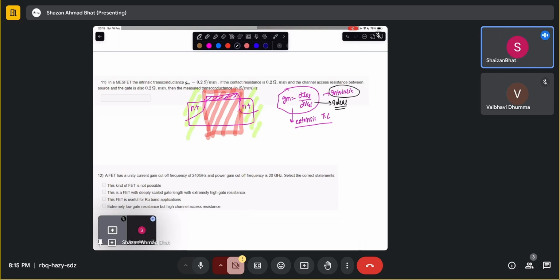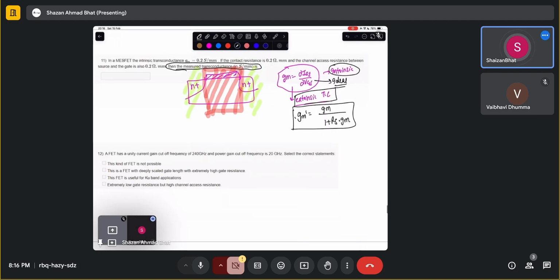But you know that other things like source resistances and capacitances, drain resistances, can come into picture and deviate from this. So that's why you have an extrinsic transconductance. Let's call it GM dash. It's basically the intrinsic transconductance divided by 1 plus the source to drain resistance times the intrinsic transconductance. And you have to compute the measured transconductance, which is the extrinsic transconductance you measured.